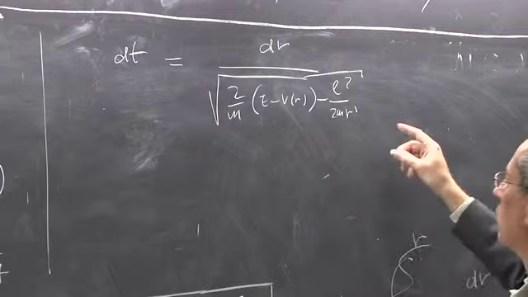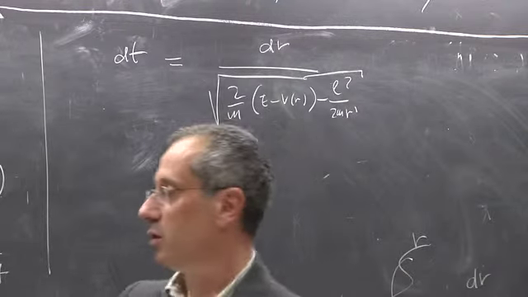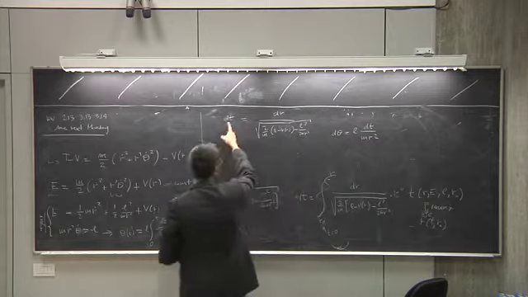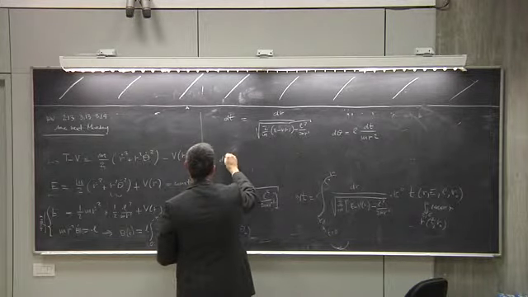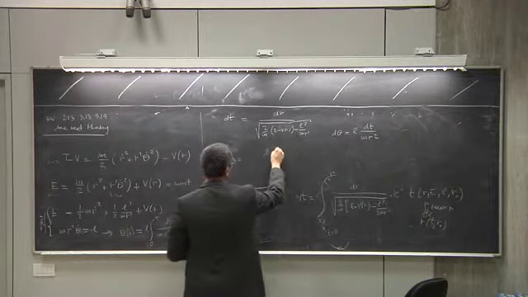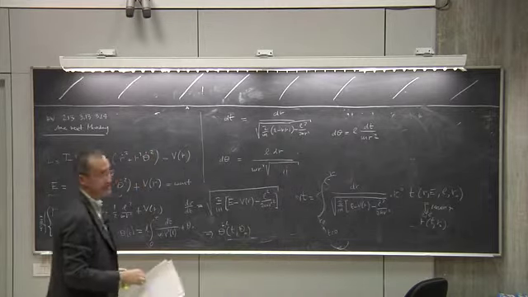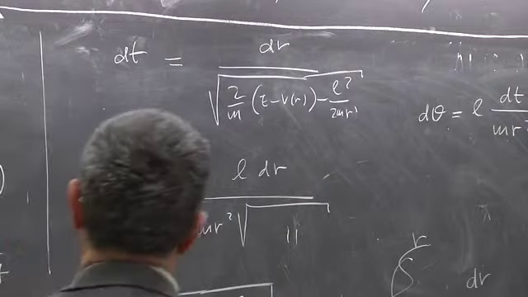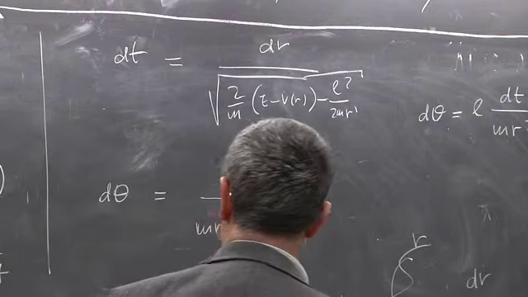But again, I can always use the trick I used for the equation to get the equation of the orbit, because remember, d theta is L dt over m r squared, right? So from here I can trade dt for d theta and get L dr over m r squared times the square root, the same thing that is up there. So again, I can go to the other and solve this, and the solution of this is going to be the orbit.